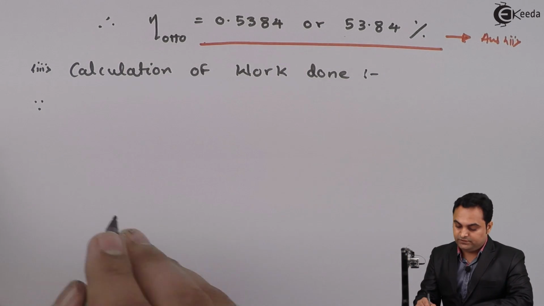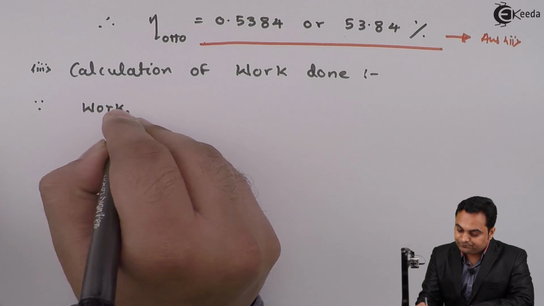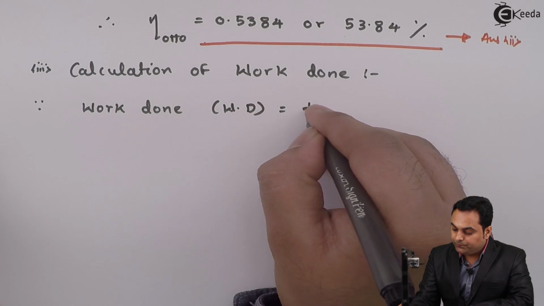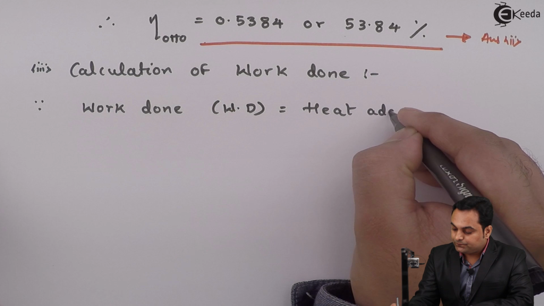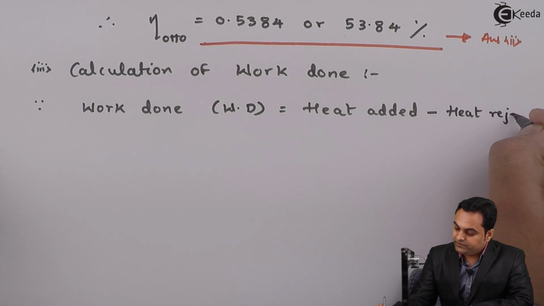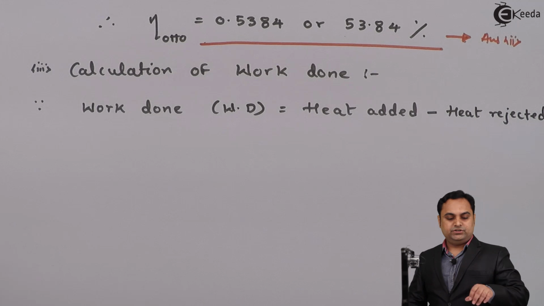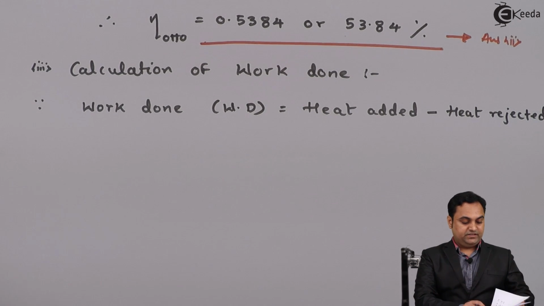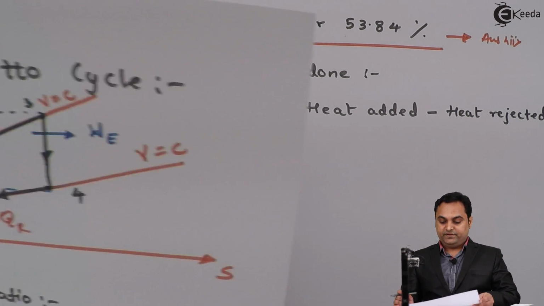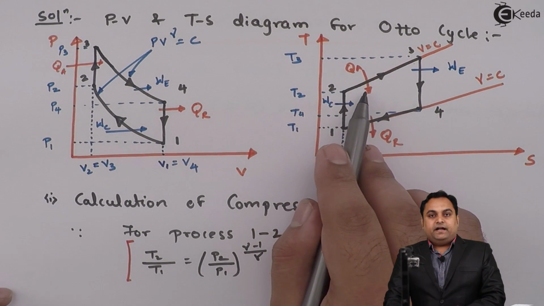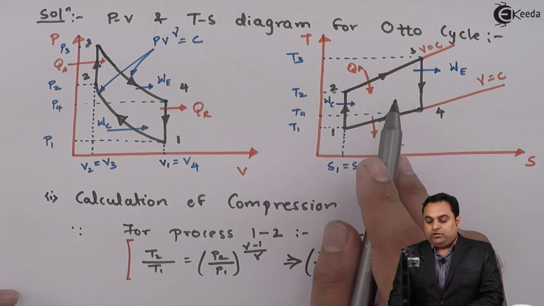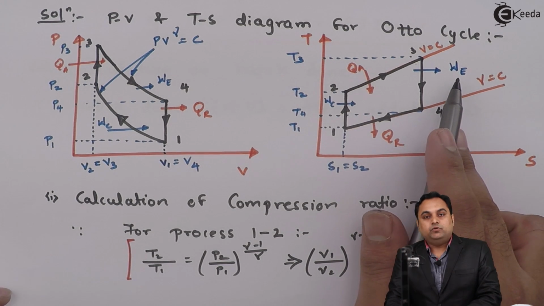Now since I can say that work done, which is WD, is equal to heat added minus heat rejected, because if we see in the PV and TS diagram, then we can say that out of the heat added, if we subtract the amount of heat which is rejected, we are going to get the work output from the system, which is WE.